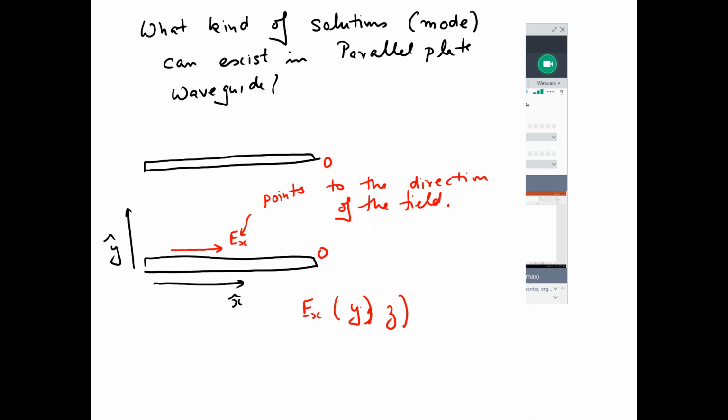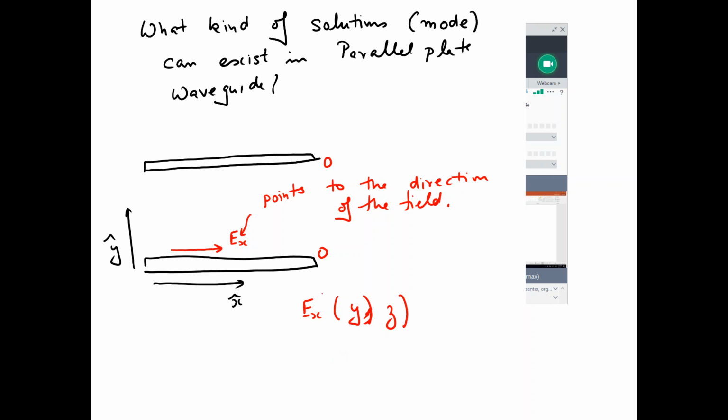That Ex component is going to have a variation in y, because otherwise it's trivial, there's no solution, everything everywhere is 0. Because it is hitting the conductor tangentially at the two places, at the conductor these two values have to be equal to 0. So it should be varying somewhere inside.